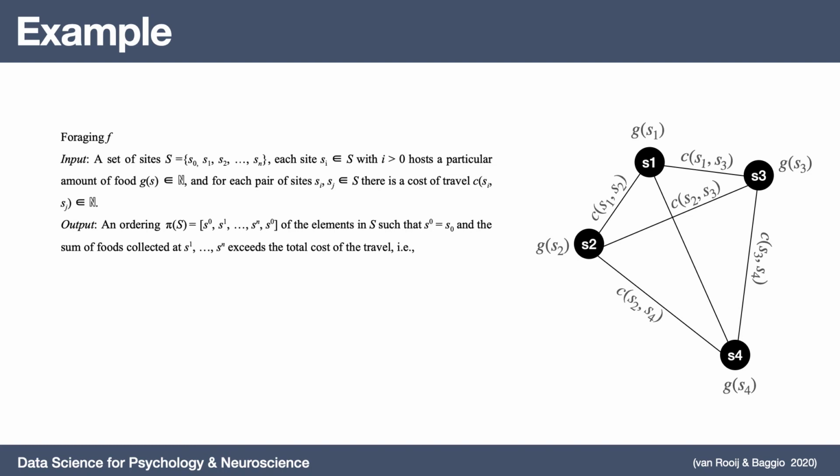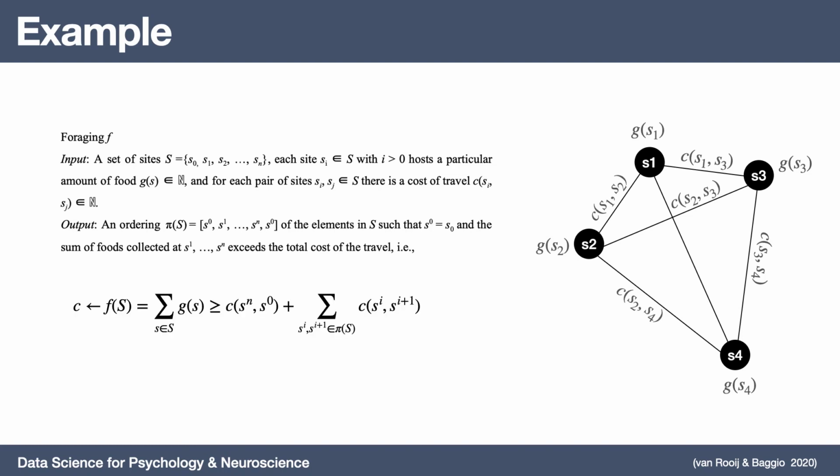So the process of foraging involves calculating these inputs of sites and distances and costs and producing a sequence of paths, if you will, that determine how you should forage in this environment.